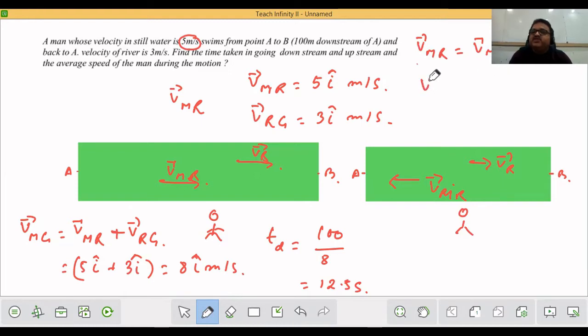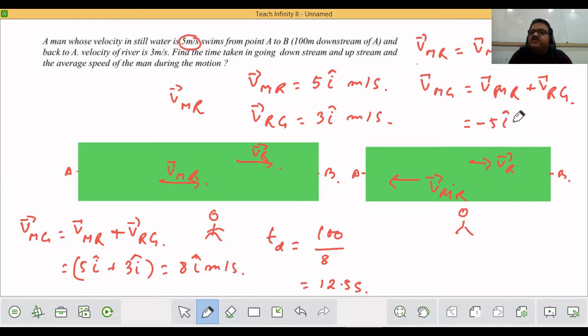Therefore, what is the velocity of the man as seen from the ground? That is velocity of the man with respect to the river plus velocity of the river with respect to the ground. Now, velocity of the man with respect to the river is along this direction, so it should be minus 5 i cap.